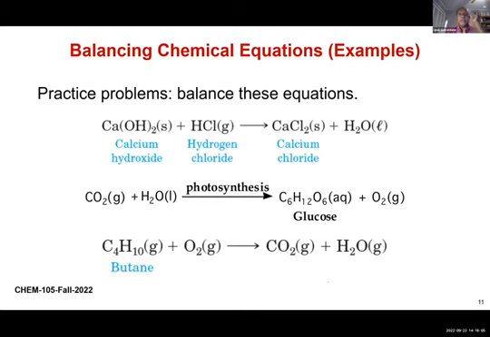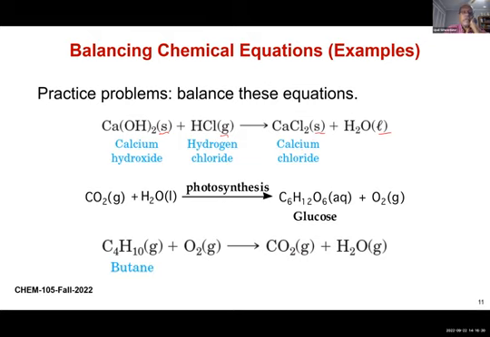We're going to do another problem. Now, this is a reaction between solid state here, gaseous state, solid, liquid. Calcium hydroxide. We don't go into naming ionic compounds now. Hydrogen chloride, calcium chloride. All right.